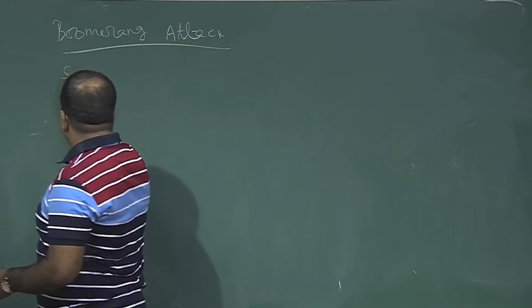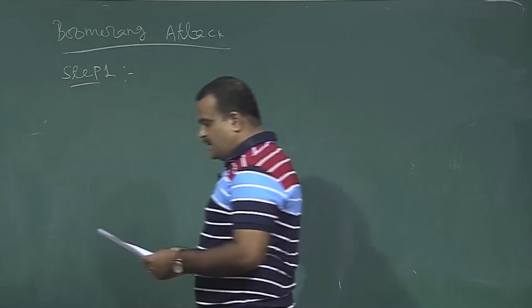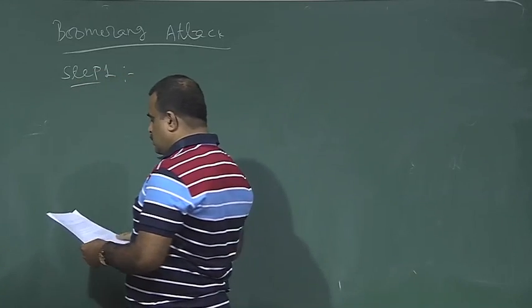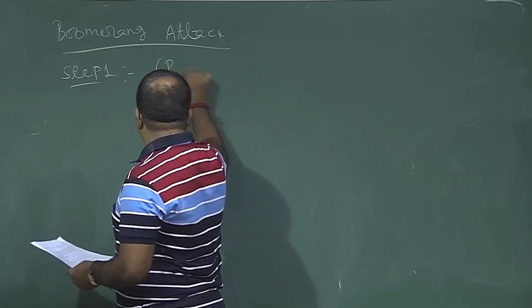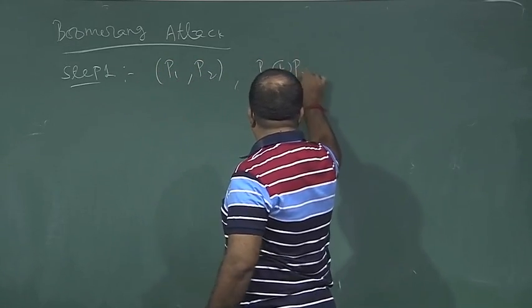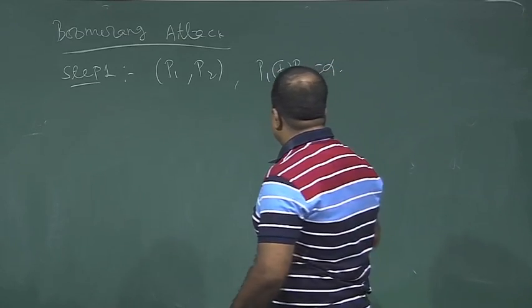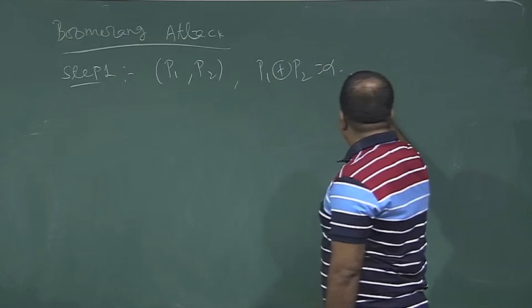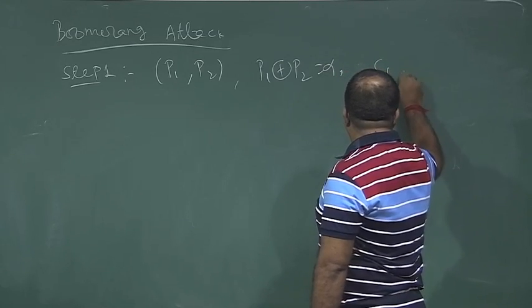Step 1. We know the alpha beta difference is there. So, we choose plaintexts P1, P2 such that P1 XOR P2 is alpha, and we get the corresponding ciphertexts C1 and C2.